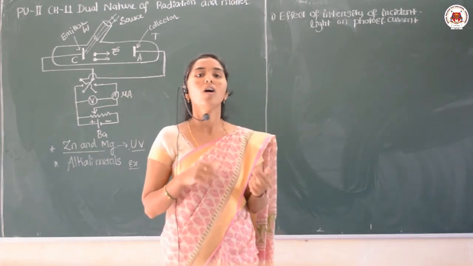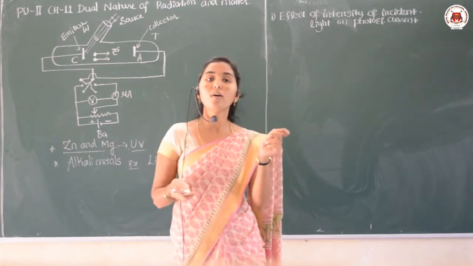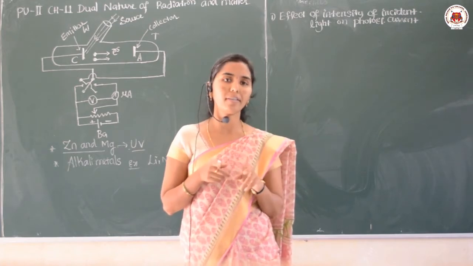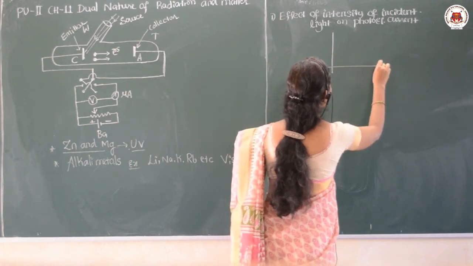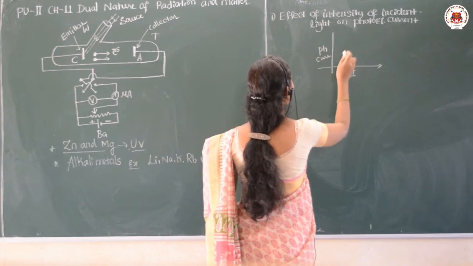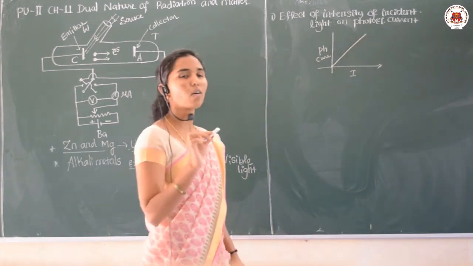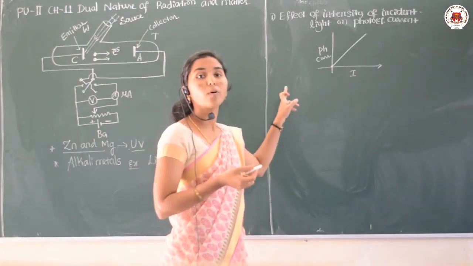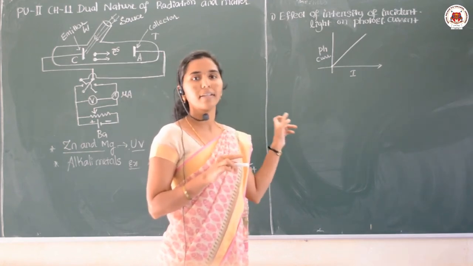The number of electrons emitted per second constitutes the photocurrent. So we came to know that if the intensity of the light is increased, the photocurrent also increases, or the photocurrent is directly proportional to the intensity of the incident radiation.